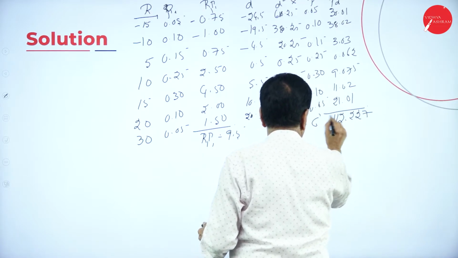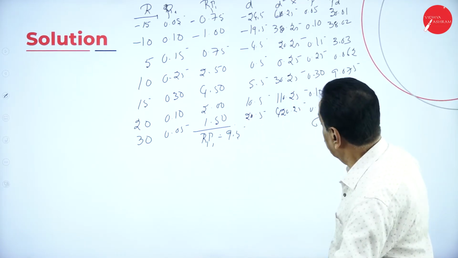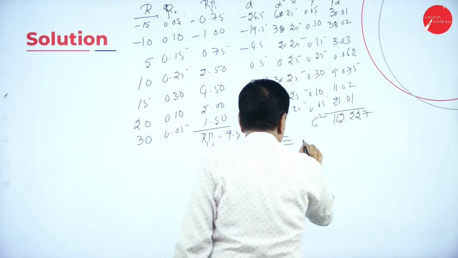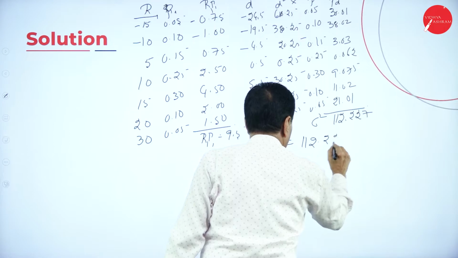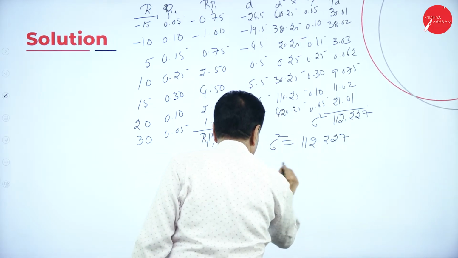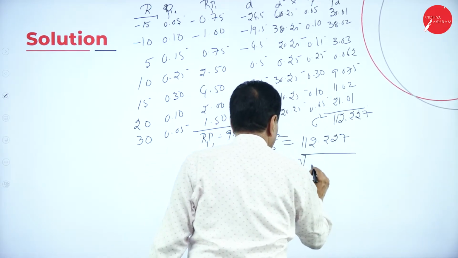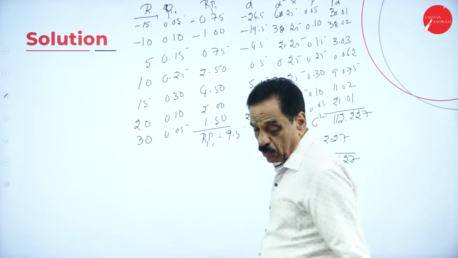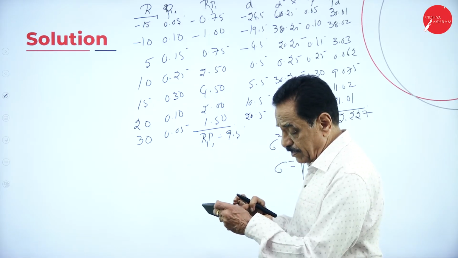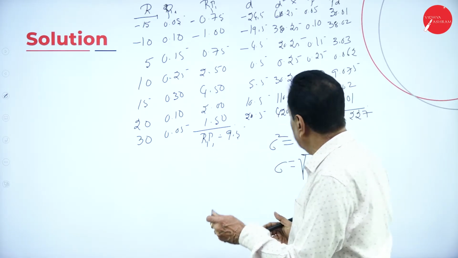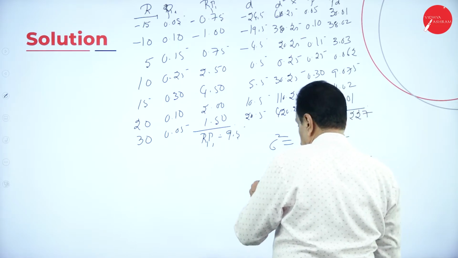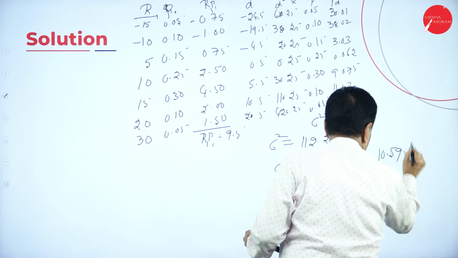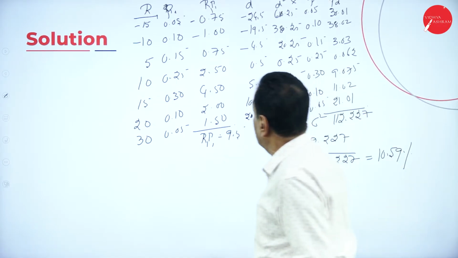This is your sigma square. So sigma square is equal to 112.227. So standard deviation is equal to root of 112.227. Root of that is 10.593%. This is the risk.